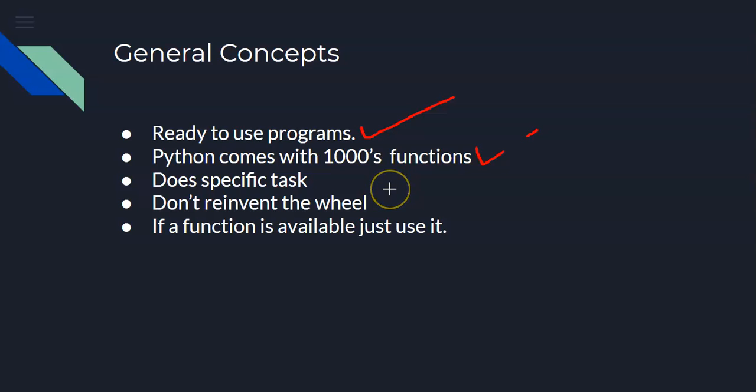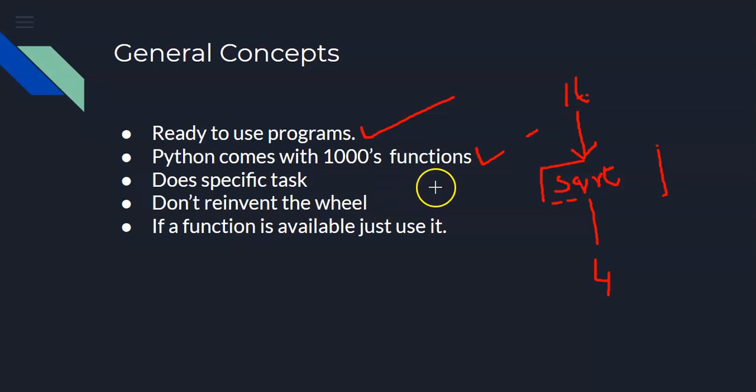If you take a single function, it does a specific task. We've already seen some mathematical functions like square root. Square root does only one task: you provide an input number, say 16, and the square root will output 4.